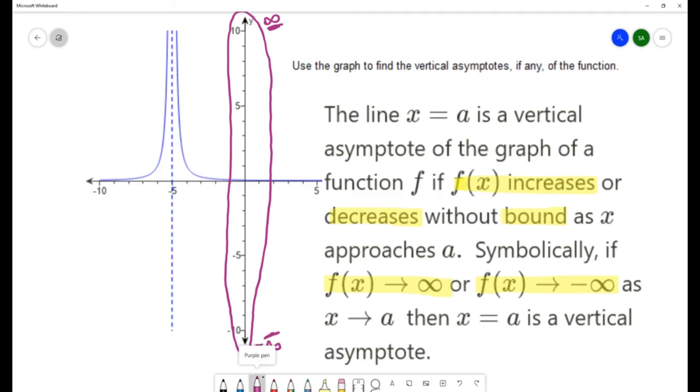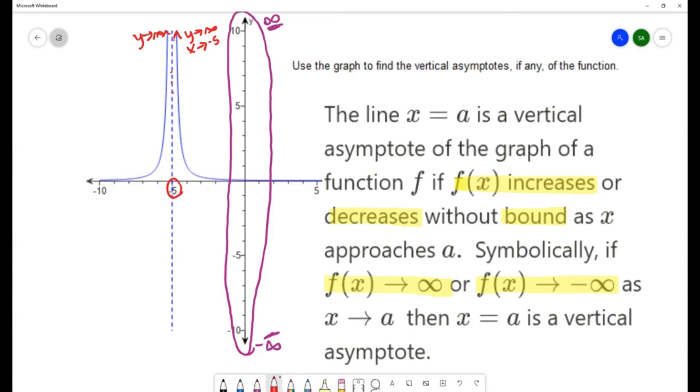So on our picture, right here, those two pieces of the line, we have the y approaching infinity here, and the y approaching infinity on this side as well. And both of them have x approaching where this dashed line is marked. They have x approaching -5 on this side.